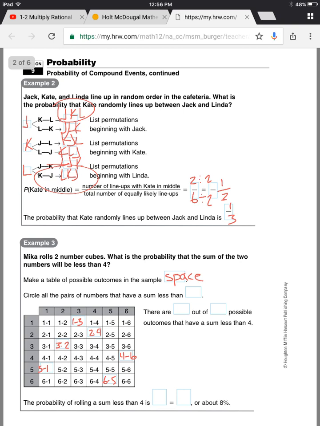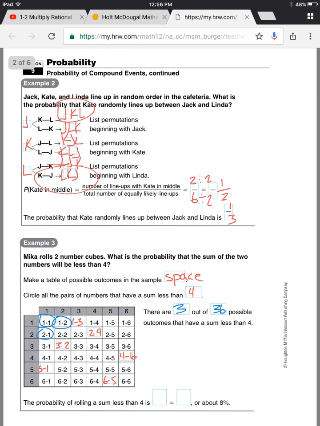Circle all of the pairs of numbers that have a sum less than 4. That means when we add, we get less than 4. So let's go ahead and do that. Less than, not equal to 4, less than. All of those are less than 4. So there are 3 out of 36, because there are 36 possible outcomes in that sample space.